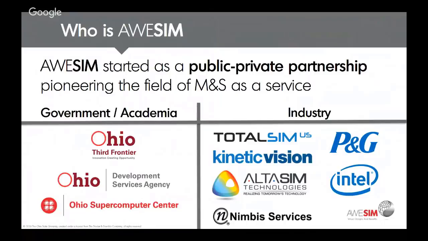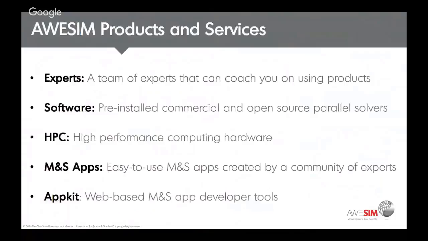But it is very much still a brand and a program that we're offering up that fundamentally offers 5 different products and services. And those are listed here: expertise, software, HPC, apps, and app kit. We have found that the order that we present these in is very important when we're talking to industry.